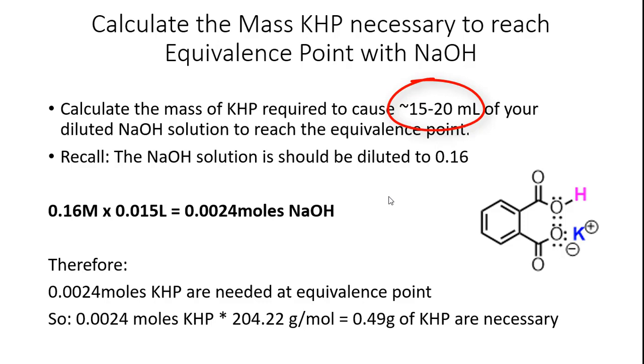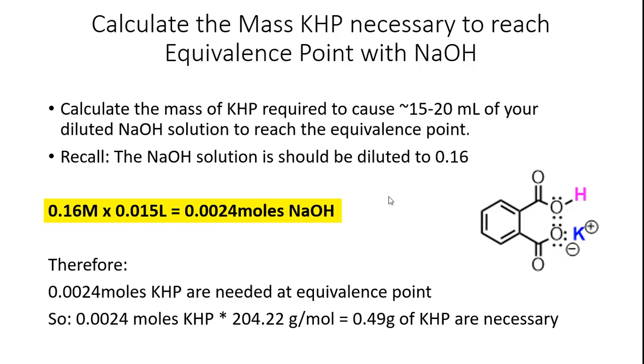So if we multiply the molarity times the volume, that should give us the number of moles, because molarity is moles over liters, and then convert our 15 milliliters into liters, and we have a volume here of 0.015 liters. Then that tells us that in 15 milliliters of the dilute solution, there will be approximately 0.0024 moles of sodium hydroxide.